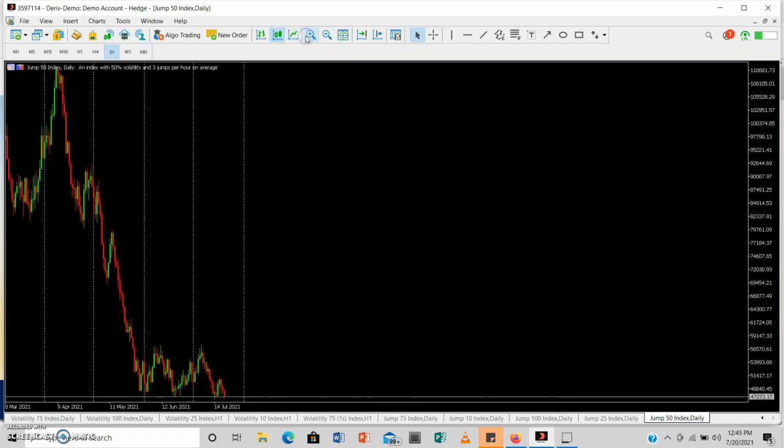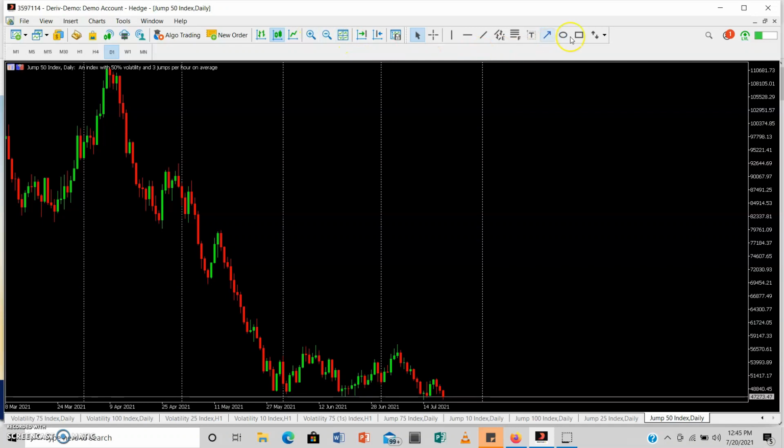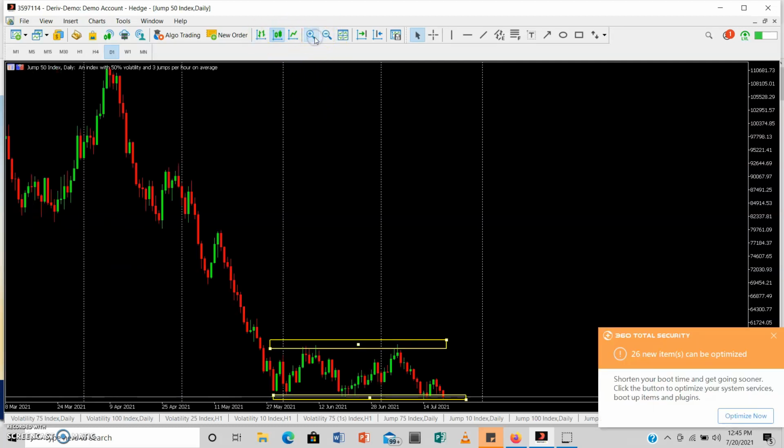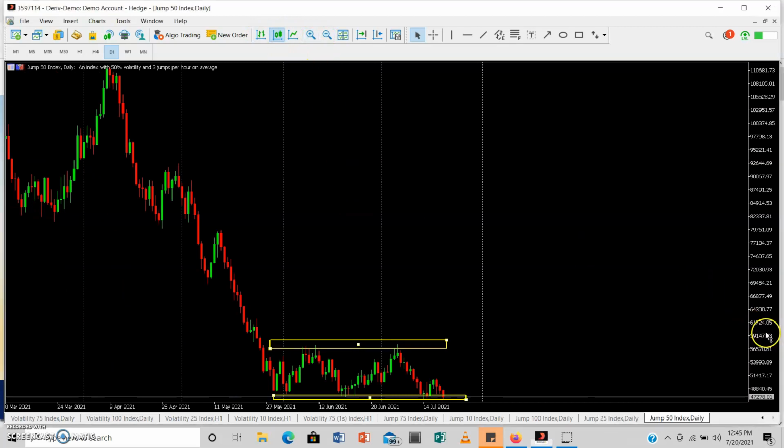So Jump 50 is currently consolidating. It has been in a downtrend for quite some time, and there is a nice consolidation zone right here, which I don't know if it's going to be broken at this point or a little bit later on. So currently, here's how Jump 50 looks.